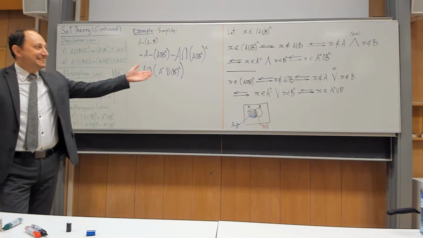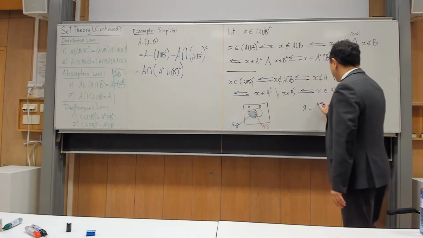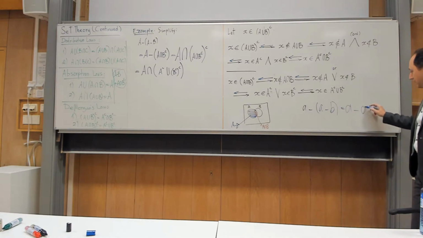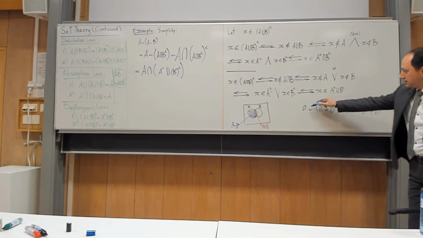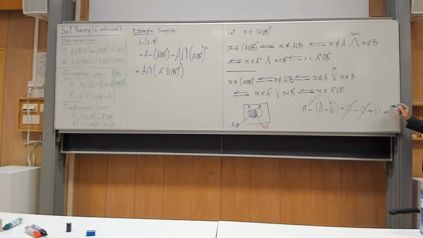Come on. The answer would be A minus A plus B. Yes. This minus sign goes here and there, and then this one and that one are cancelled. The answer is B. This is the difference.